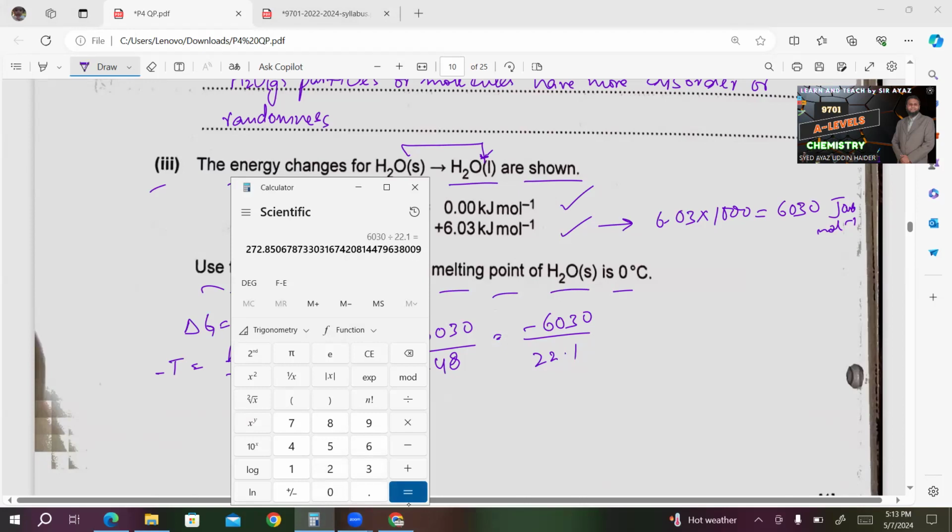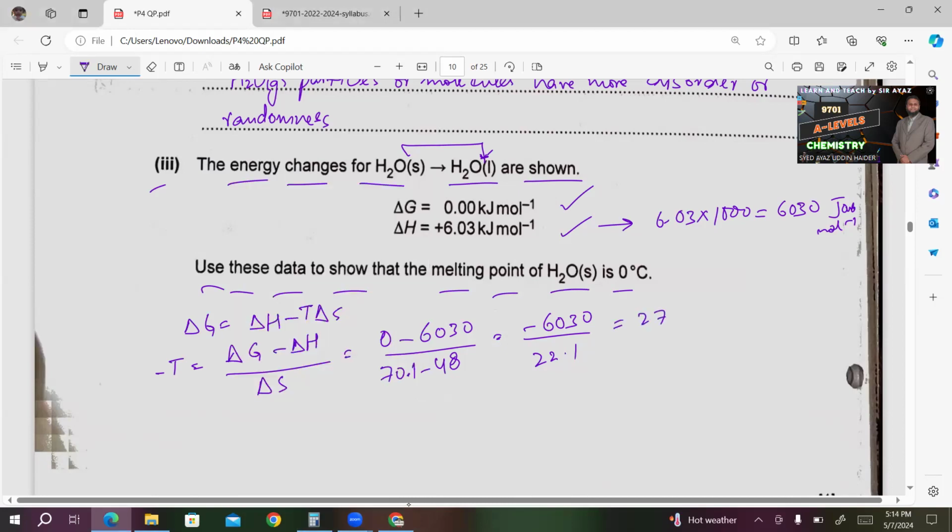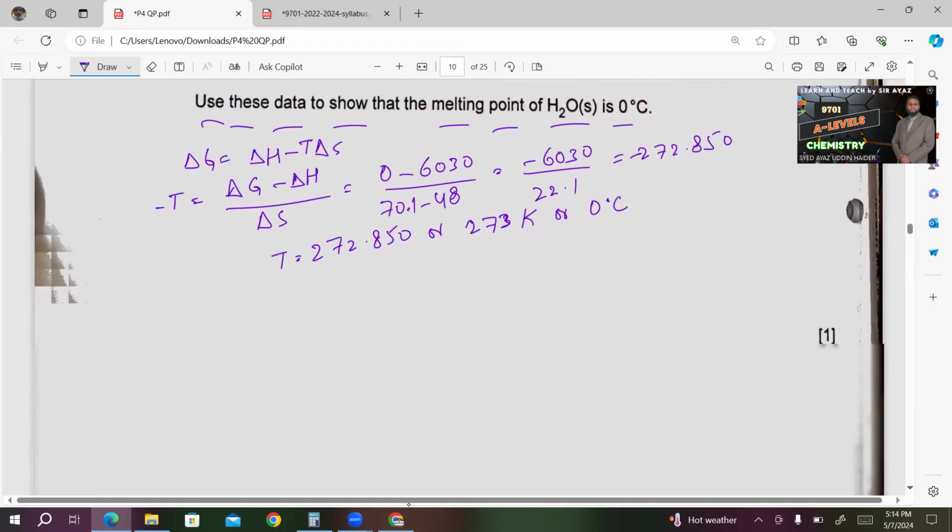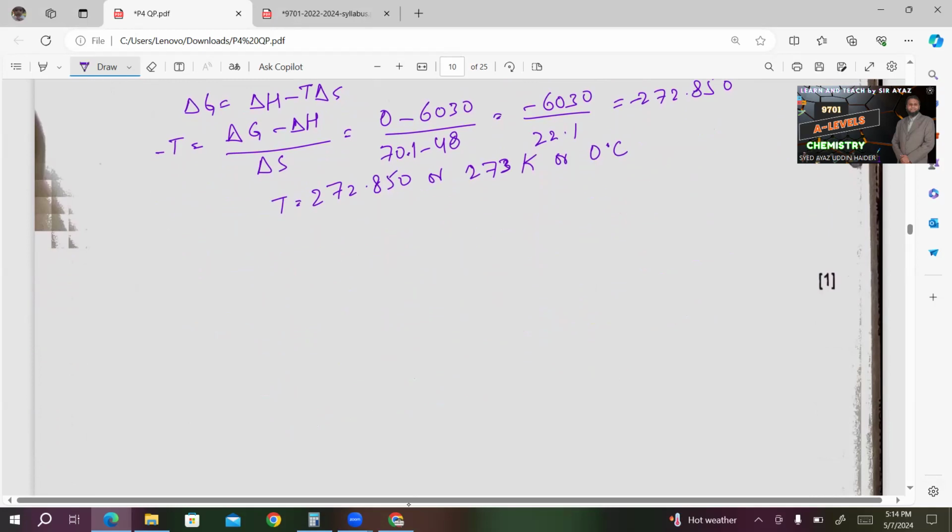Answer is 272.850. It's minus, so the sign for T is also minus. So T is equal to 272.850, or 273 Kelvin, or 0 degrees centigrade. Hence it's proved.